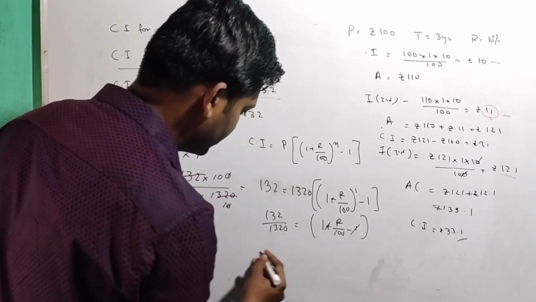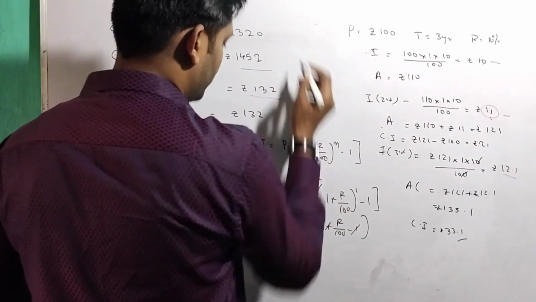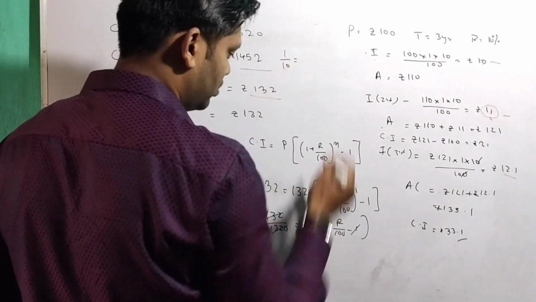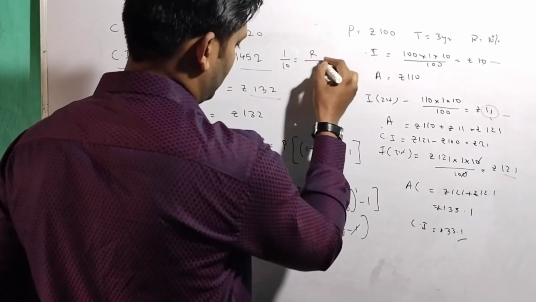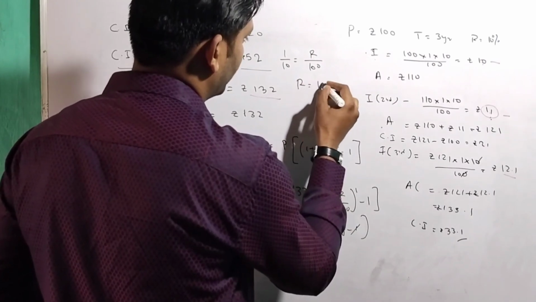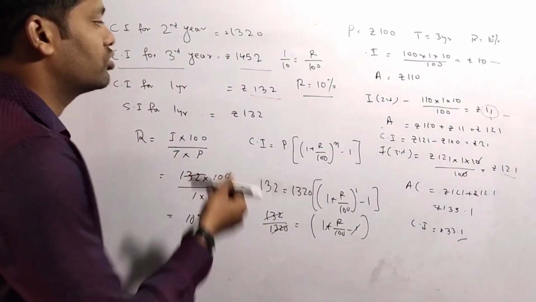So minus 1 plus 1 cancelled. So here 1 by 10 is equal to r by 100. 1 cancel. So now r is equal to 10%. Cross multiply will give you the answer. So like this also I am getting the answer.